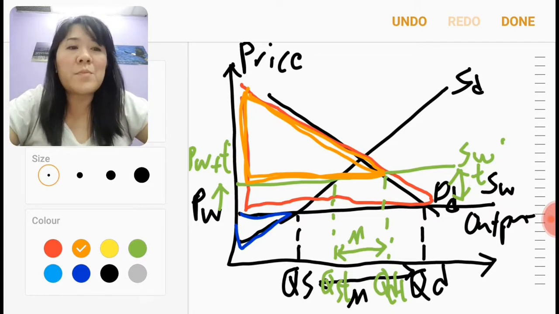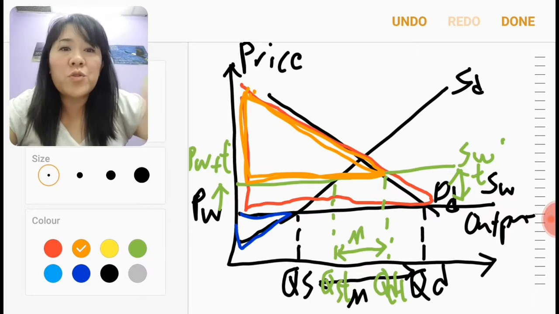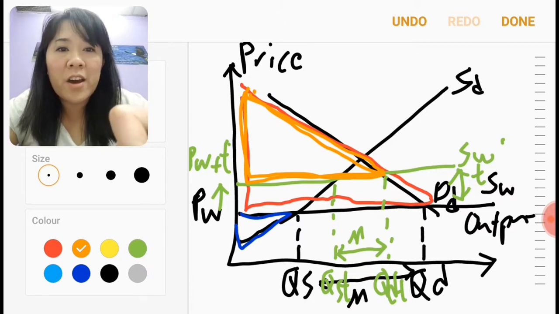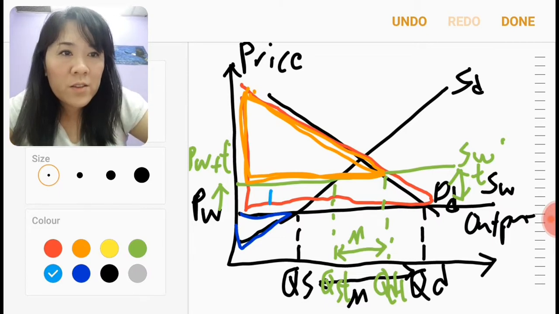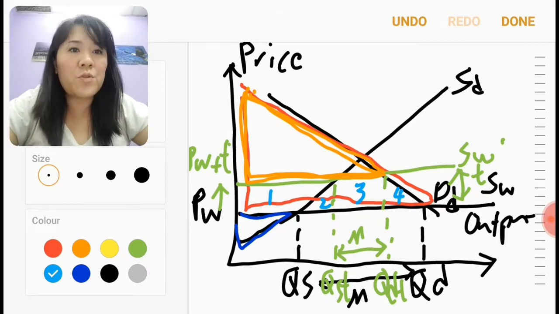The quantity consumed has decreased to QDT, and what consumers are willing and able to pay is the area under the demand curve DD, but what they actually pay is PW plus T. So the difference would be the red triangle minus the orange triangle, giving rise to a loss of consumer surplus given by areas 1, 2, 3, and 4.